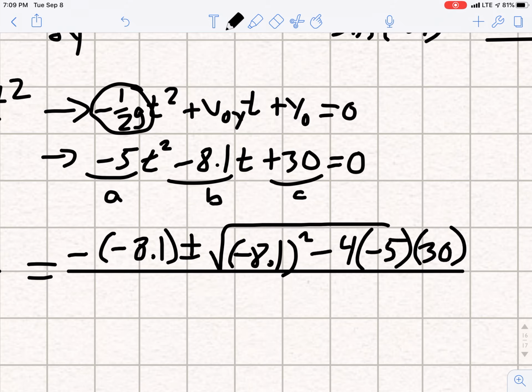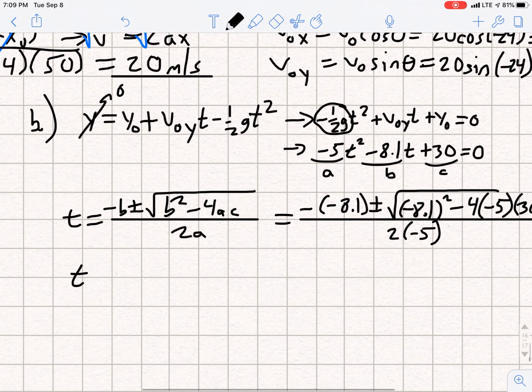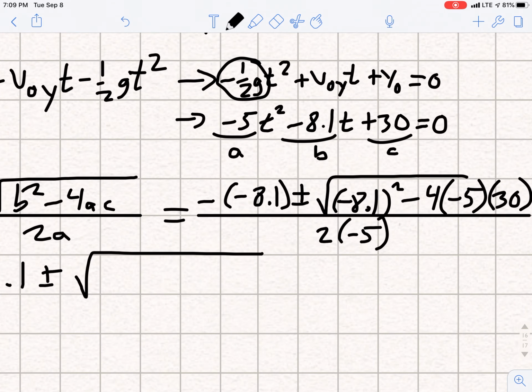All of that is over 2 times negative 5. Time is equal to, well, negative times negative is a positive, so 8.1 plus or minus the square root of, first we need to do the 8.1 squared, and then we need to do negative 4 times negative 5 times 30.